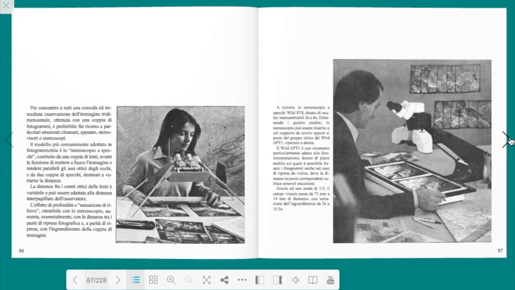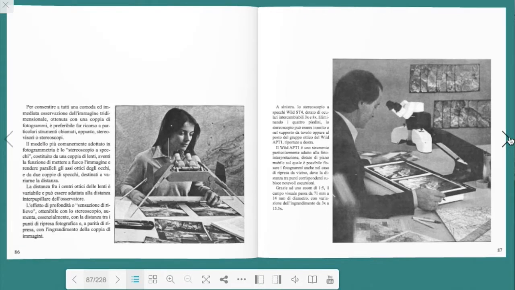Page 86. To allow everyone a comfortable and immediate observation of the three-dimensional image obtained with a pair of frames, it is preferable to resort to particular instruments called, in fact, stereoviewers or stereoscopes. The model most commonly adopted in photogrammetry is the mirror stereoscope, consisting of a pair of lenses, which have the function of focusing the image and making the optical axes of the eyes parallel, and two pairs of mirrors, intended to vary the distance.